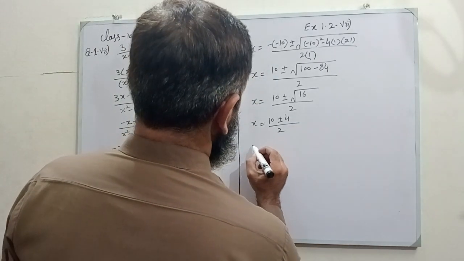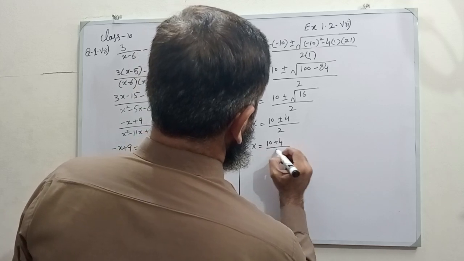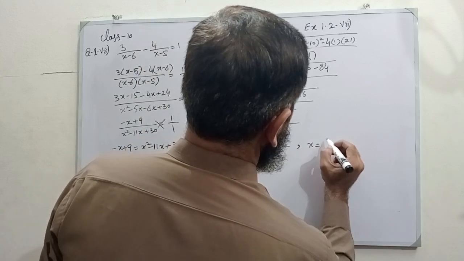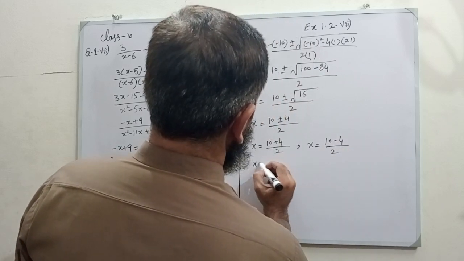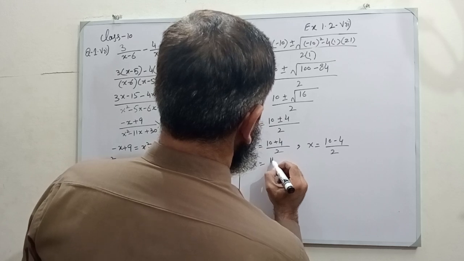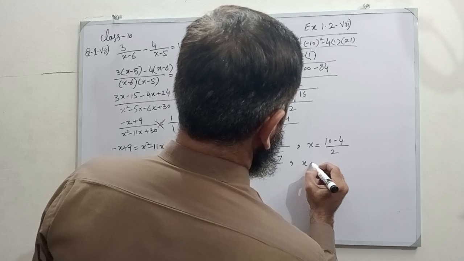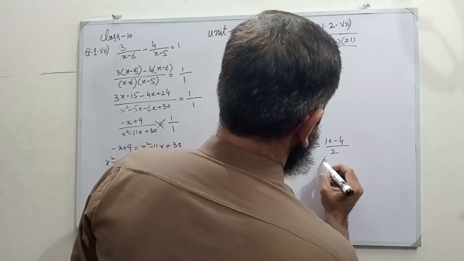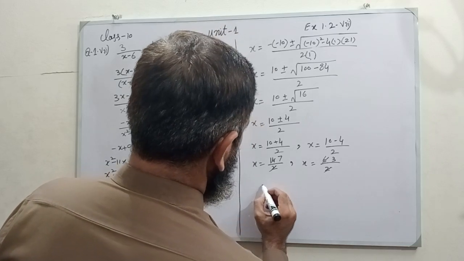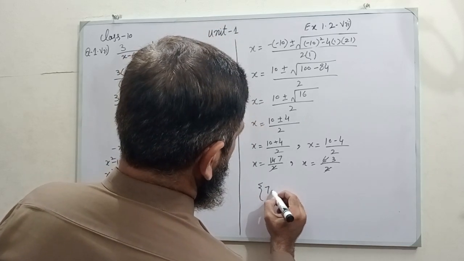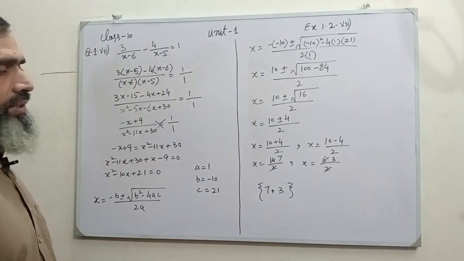So here x is equal to 10 plus 4 over 2 and x is equal to 10 minus 4 over 2. This x is equal to 14 over 2, 2 7s are 14. This x is equal to 6 over 2, 2 3s are 6. So 7 and 3 are the solution set of this equation.